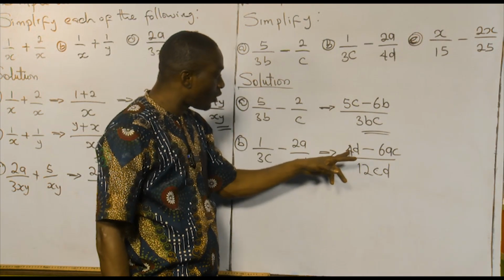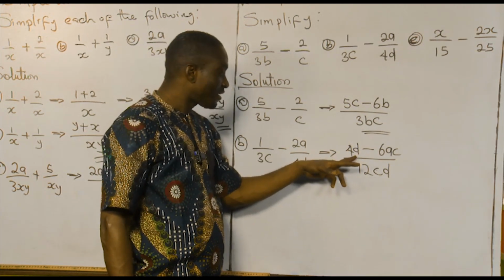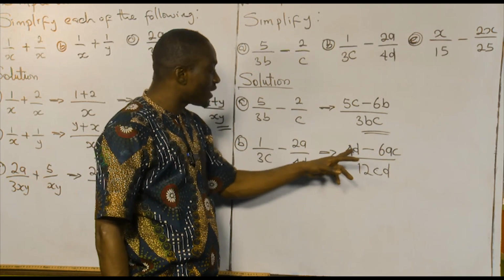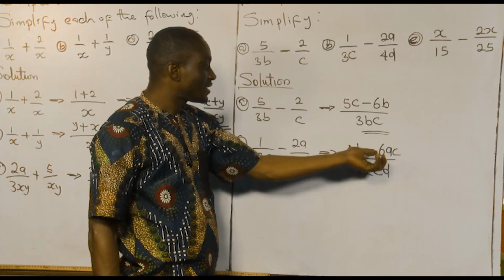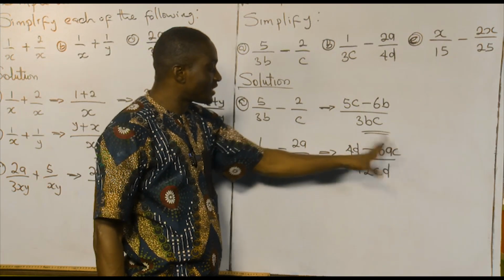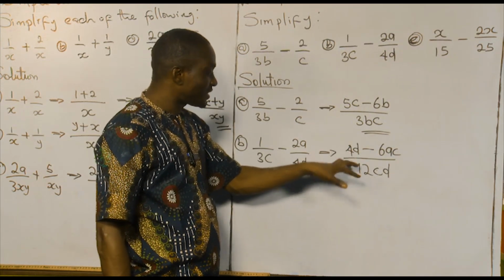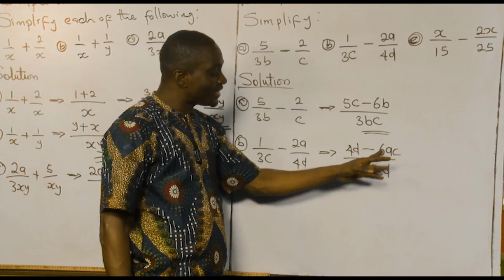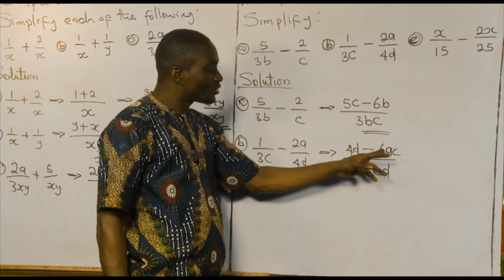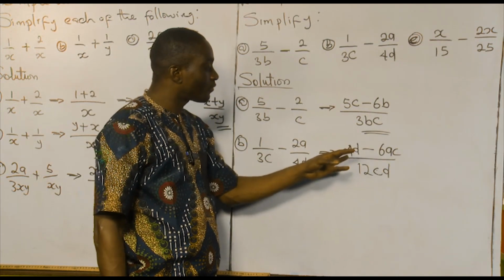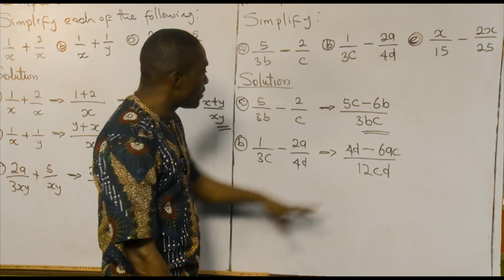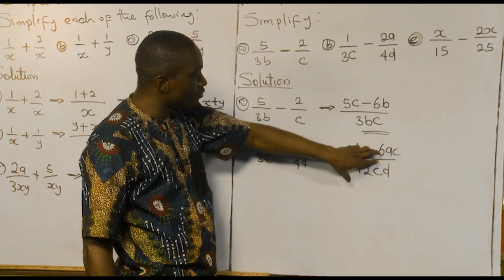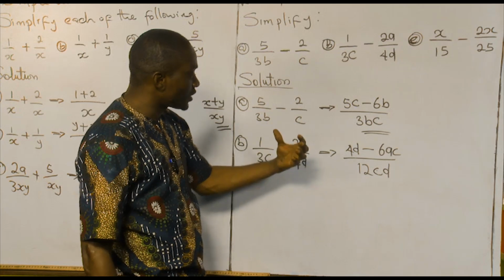If you have 4AC here, as you have 6AC here, you can now deduct 6AC from 4AC. Or as you have 4D here, if what you're having here is 6D, you can subtract 6D from 4D. But the way this numerator is now, you can't do the subtraction.